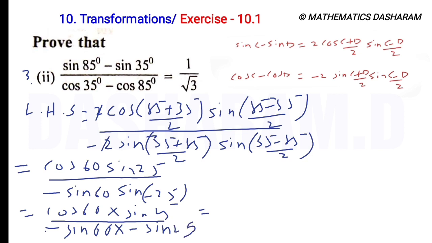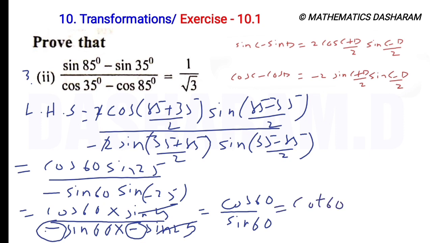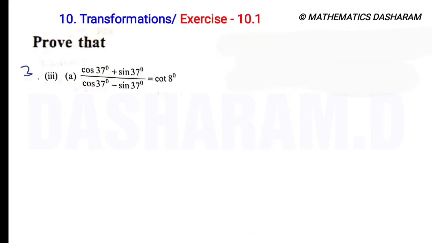So it is equal to cos 60 by sine 60 degrees. Why? Because here sine 25 cancel and minus into minus is plus. So it is equal to cot 60 degrees. Cot 60 degrees answer is 1 by root 3. So RHS, hence proved.